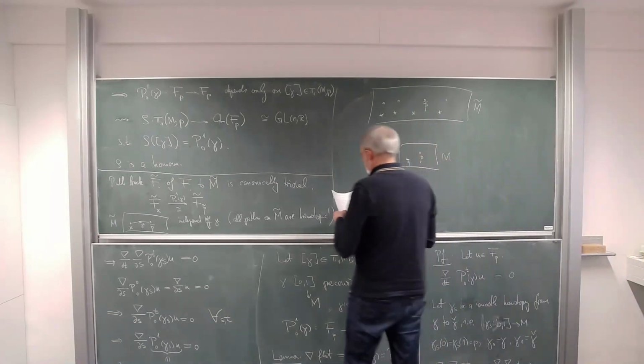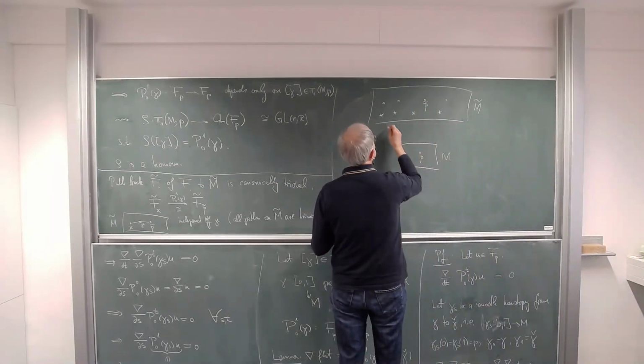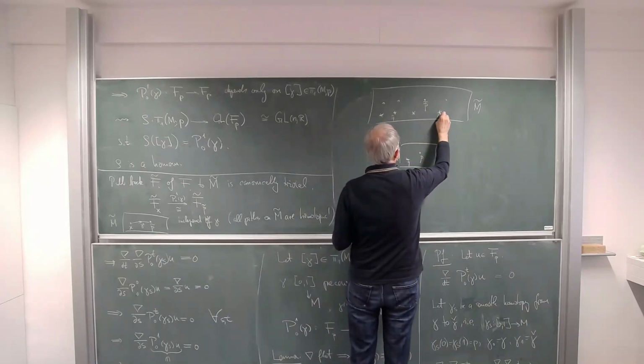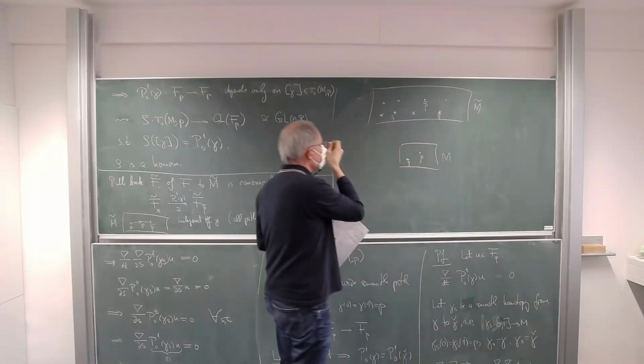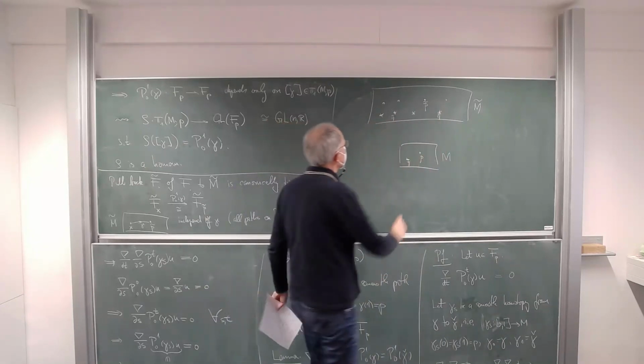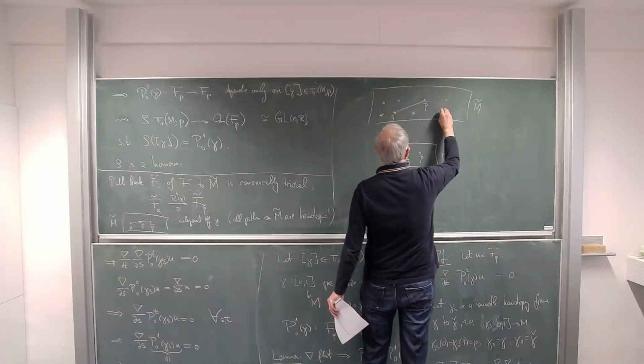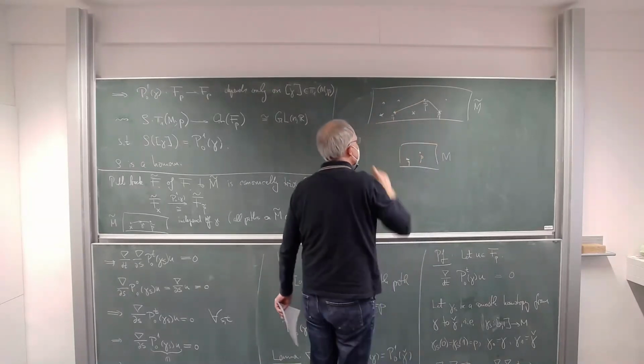Good. Now if I have two different pre-image points here, let's say q tilde and q tilde tilde. Now, what can I do? I choose a path from q tilde to p tilde and a path from q tilde tilde to p tilde.